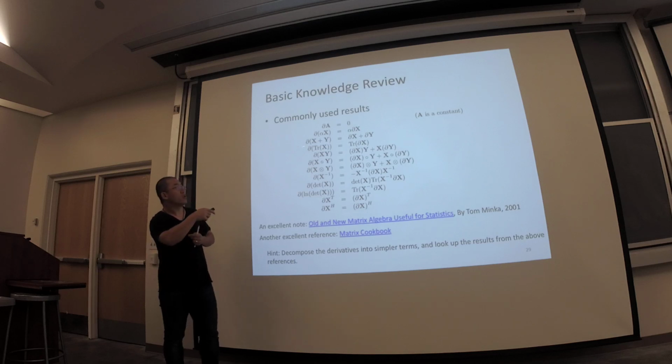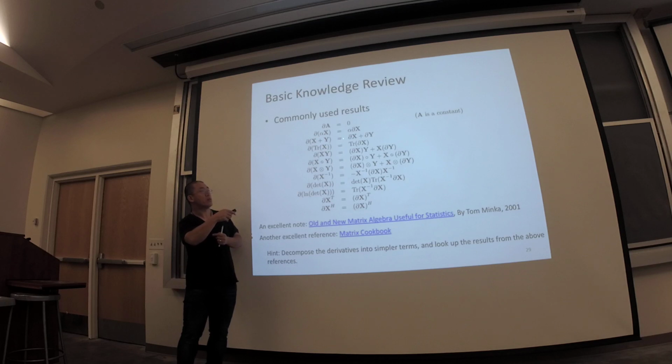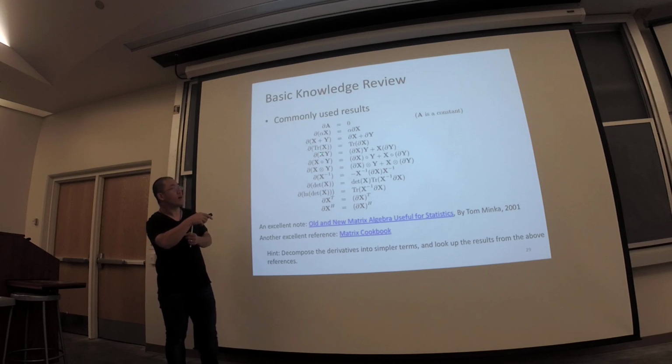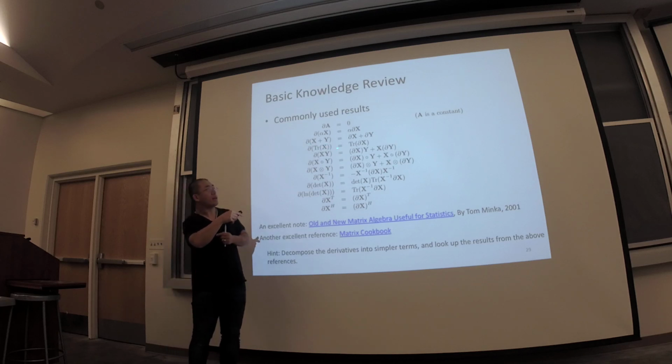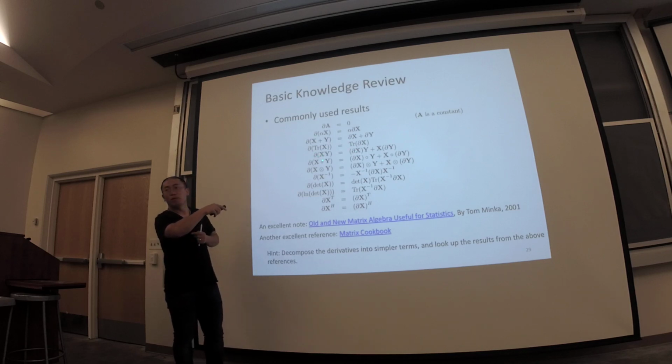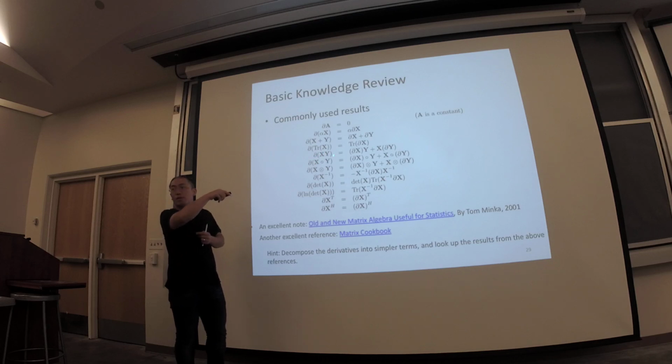Also, the partial derivative of a summation is equal to the summation of the partial derivatives. And the partial derivative of the trace of a variable matrix x is equal to the trace of the partial derivative. And also the partial derivative of a product. This is the same as the scalar case.